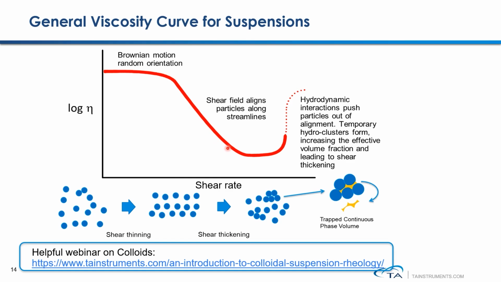As you further increase shear rate, up to a certain shear rate, the hydrodynamic interactions will push the particles out of alignment. From there, some temporarily formed hydroclusters will cause those particles to bump into each other. That will cause the sample to show shear thickening behavior.